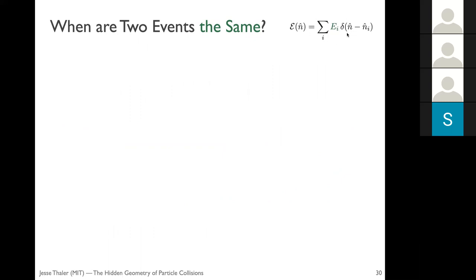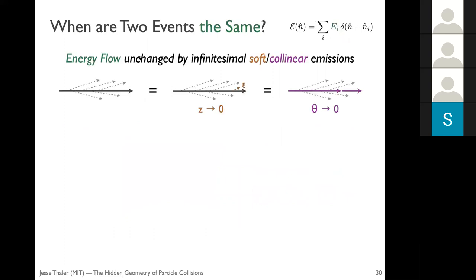And as we're all familiar, this energy flow is unchanged by infinitesimal soft and collinear emissions. So if I start off with a jet and I add a zero energy particle to it, that clearly doesn't change the energy flow. It changes the number of particles, but it doesn't change the energy flow. Similarly, if I take a particle and I split it into two, that doesn't change the energy flow.